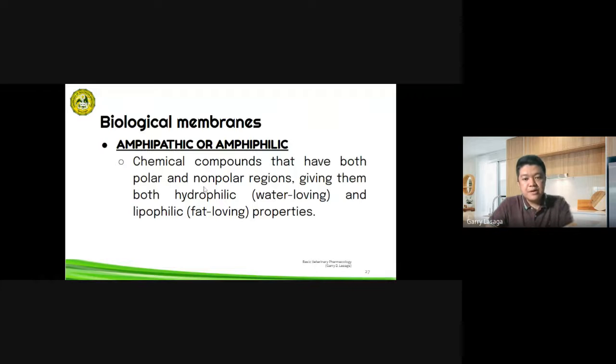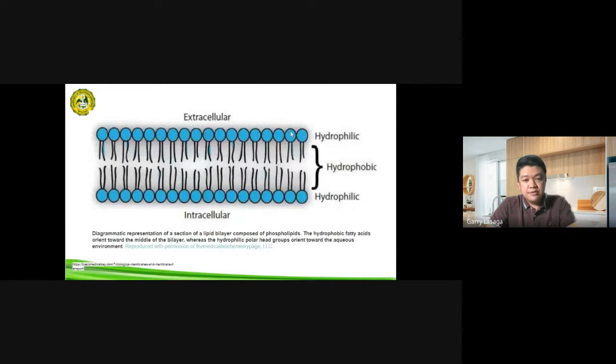These are compounds that have both polar and nonpolar regions, giving them hydrophilic and lipophilic properties. Since the biological membrane contains both water-loving and fat-loving groups, it is called amphipathic or amphiphilic.